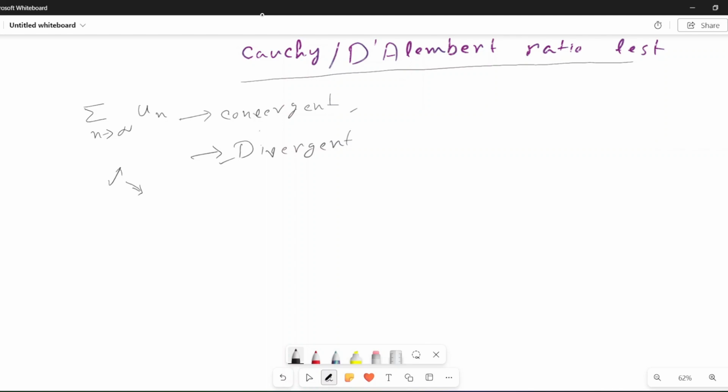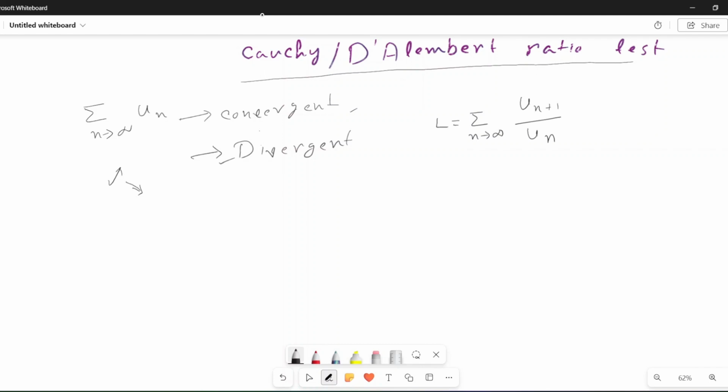Now how can we find whether it is growing or declining? For this we have to find a limit L, the limit as n tends to infinity of u n plus 1 by un.